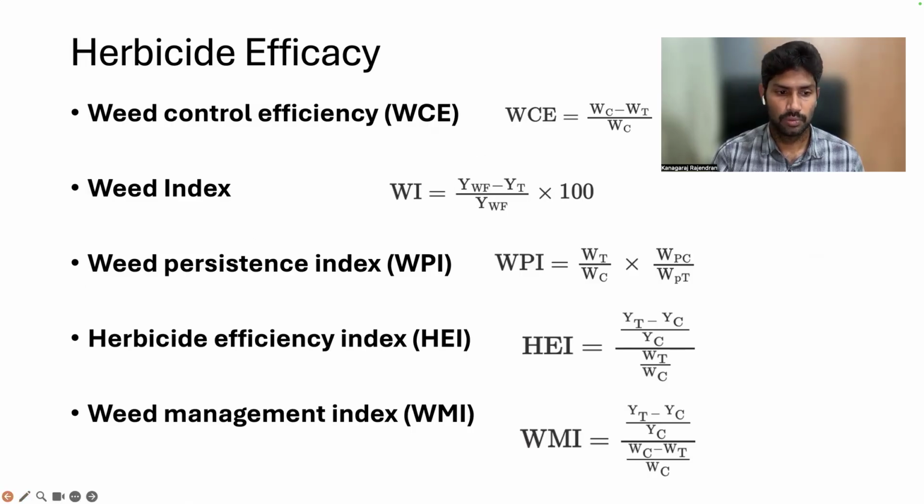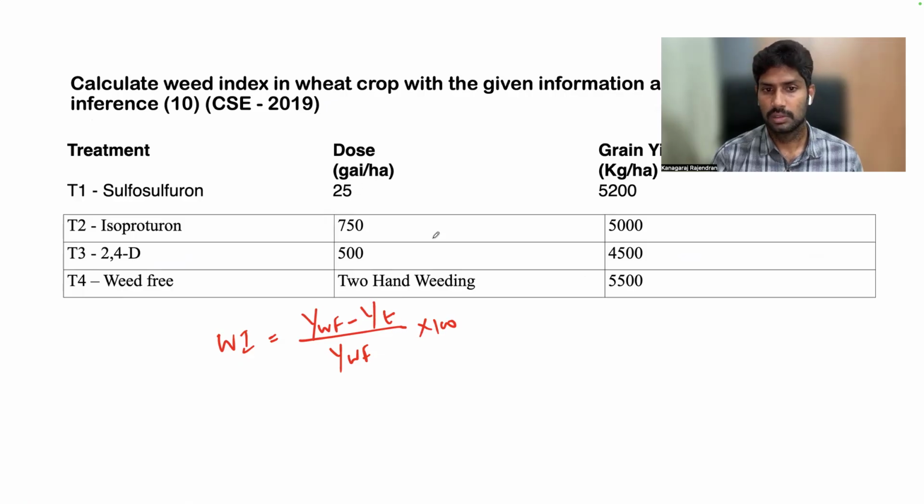To answer this question, you just need the formula. The yield under the weed-free condition, under the hand weeding, so the field is completely weed-free, we can take this value. This is the yield under the weed-free condition, 5,500 kg per hectare. Then yield under the treatment.